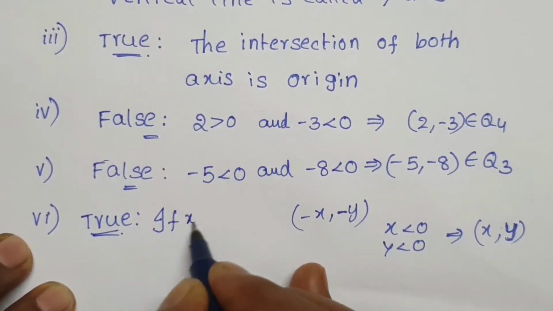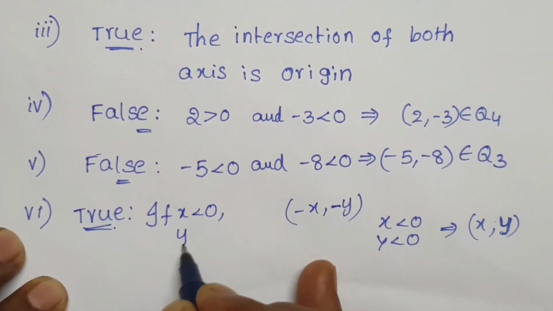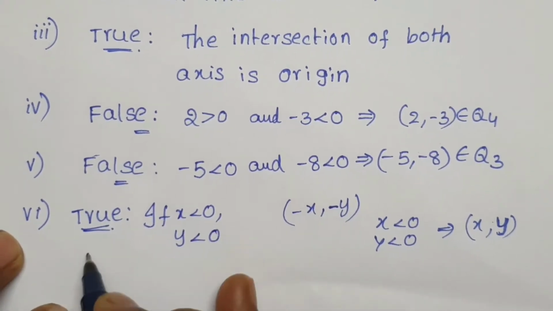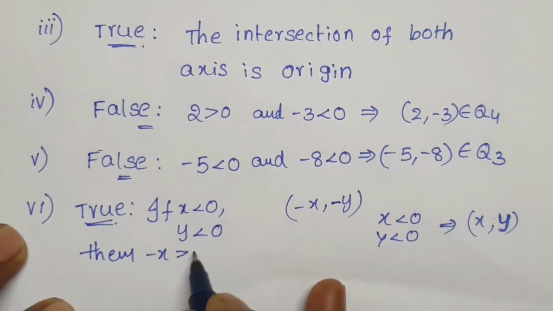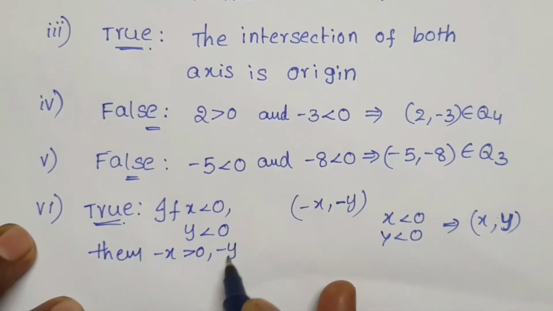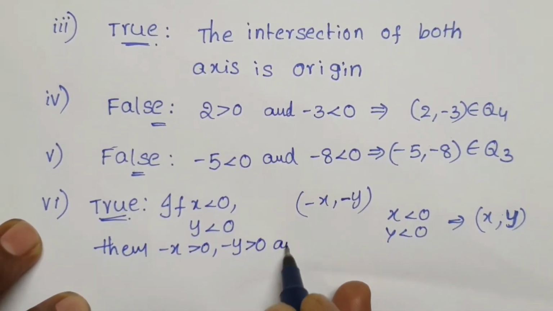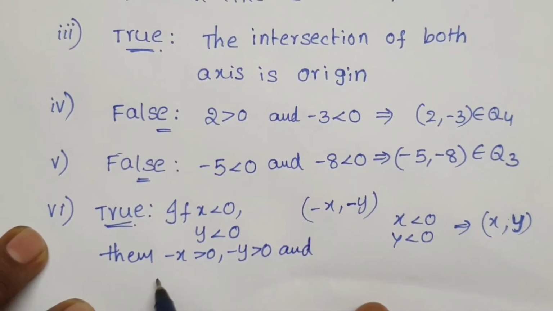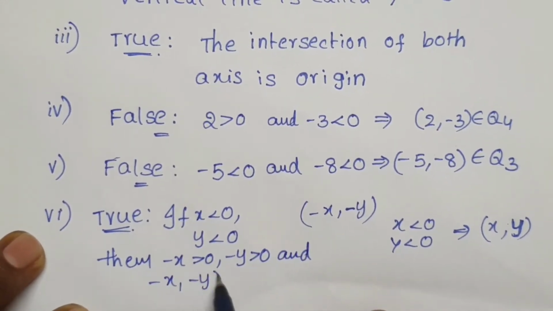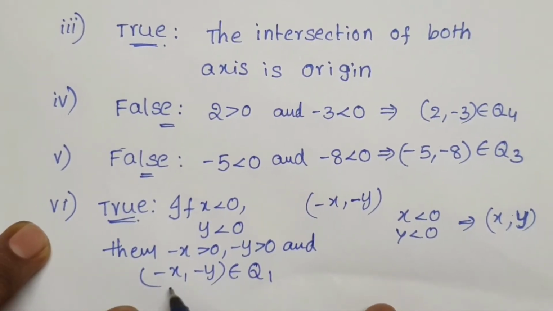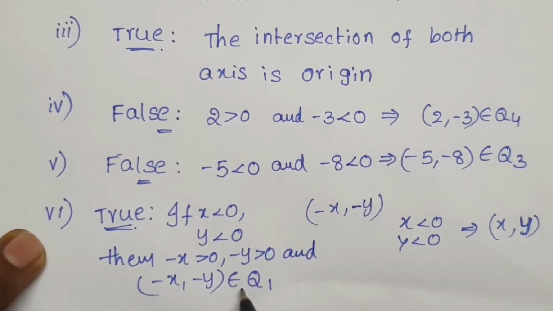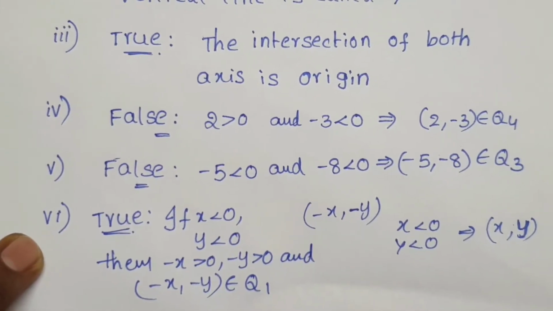Because if x less than 0 and y less than 0, then -x is greater than 0, -y greater than 0, and finally (-x, -y) belongs to Q1. Based on that condition, (-x, -y) belongs to Q1.